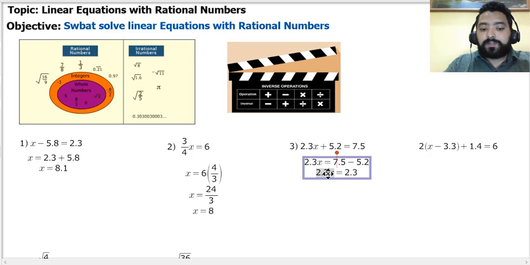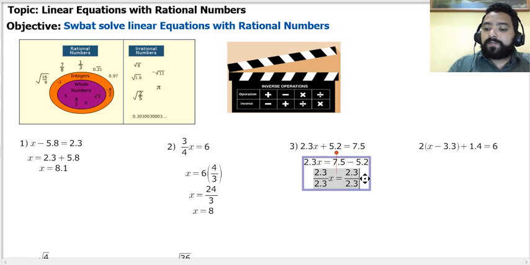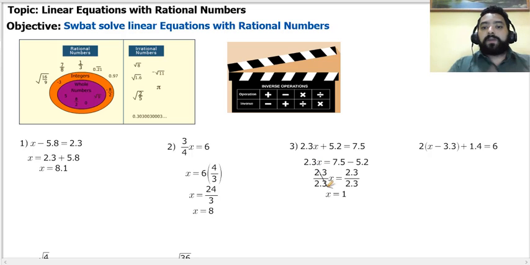Then remember, you need to divide both sides by 2.3 to have only x in this case, and 2.3 divided by 2.3 is going to be 1. You can cancel this number because 2.3 divided by 2.3 is 1.